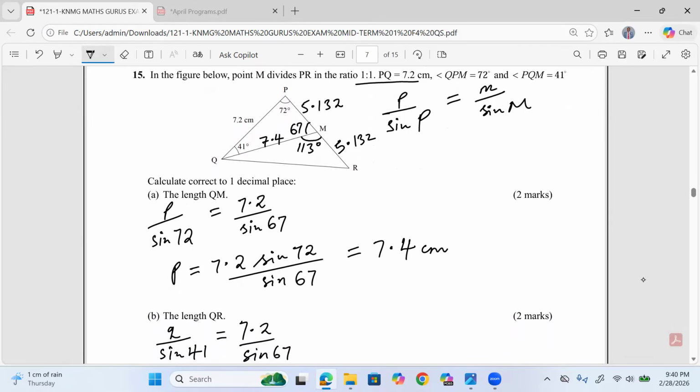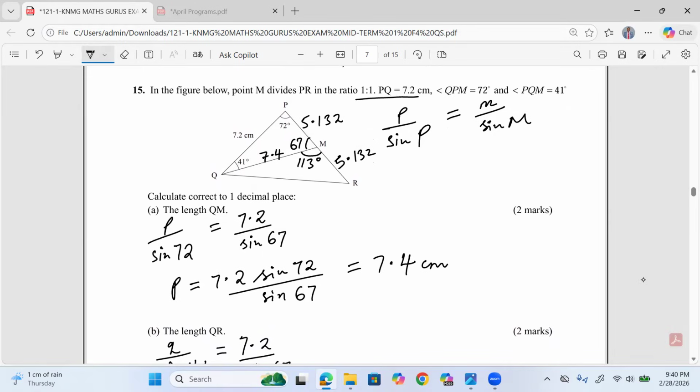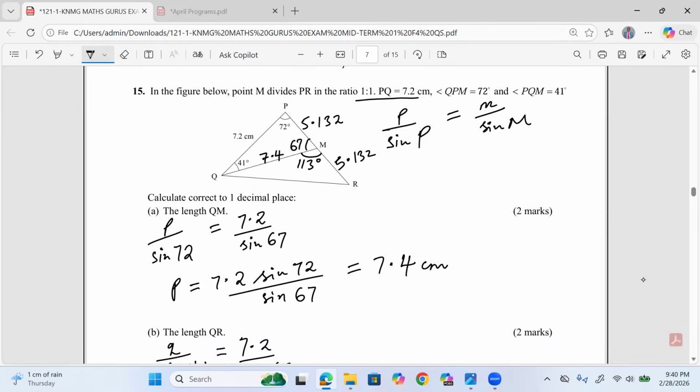So now we can think broadly and look at the first triangle, the bigger triangle PQR. The length PQ is known, and PR can now be found.